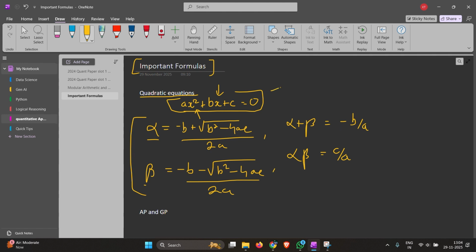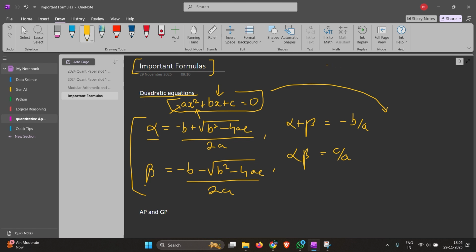Apart from this, there are also formulas regarding the optimization of the quadratic equation. Let's say we have the equation ax squared plus bx plus c, and we want to find what the max value or the min value of this equation is, and that depends on the value of a.